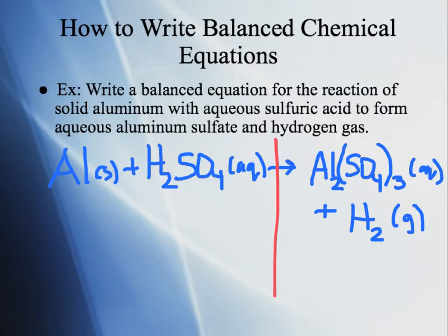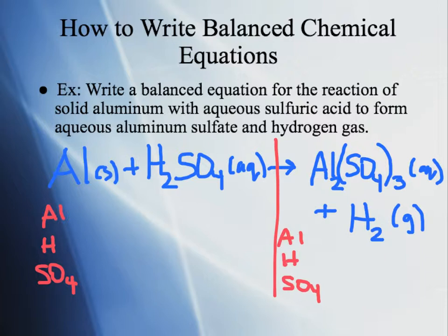Okay, so let's take inventory. We have aluminum on each side. We have hydrogen on each side. We have sulfur. Actually, I'm going to show you this trick of keeping the polyatomic ions together, so that you don't have to do the sulfurs and then the oxygens. You can always keep the polyatomic ions as long as they're kept together within the reaction.